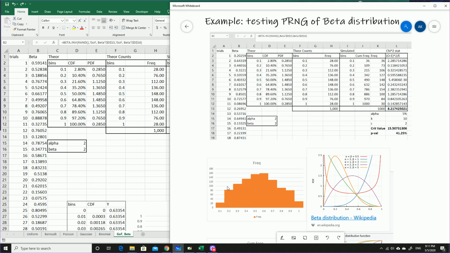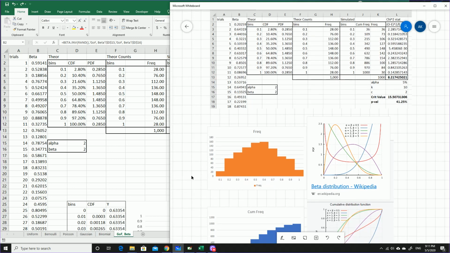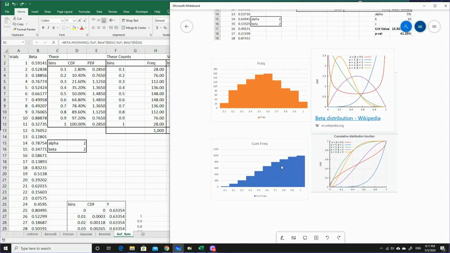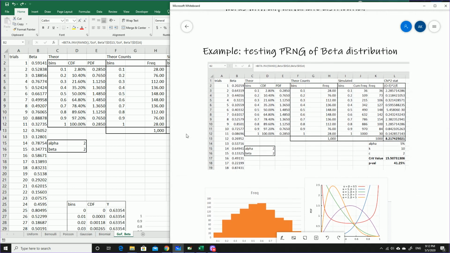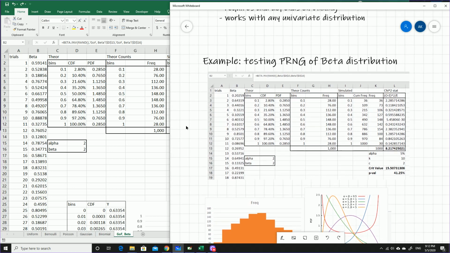So okay, well, visual examination of my histogram shows that yeah, it's close to the arc. Now, by the way, this is a CDF, cumulative distribution function histogram, and it also looks kind of like this purple line, right? So how am I going to do it statistically?